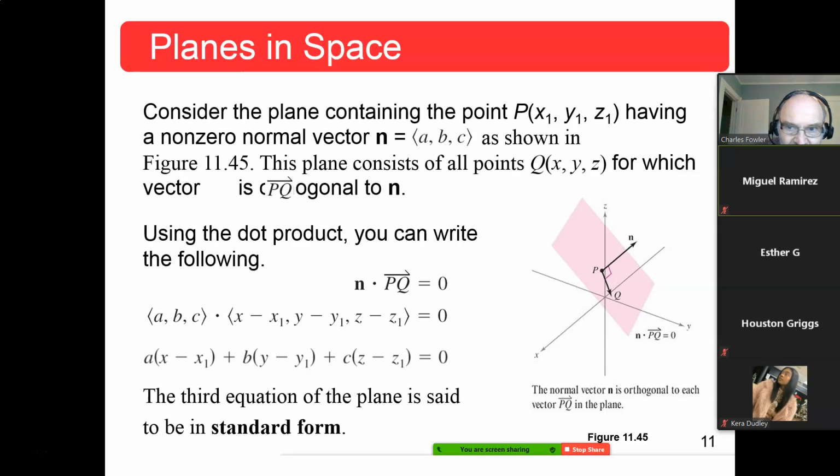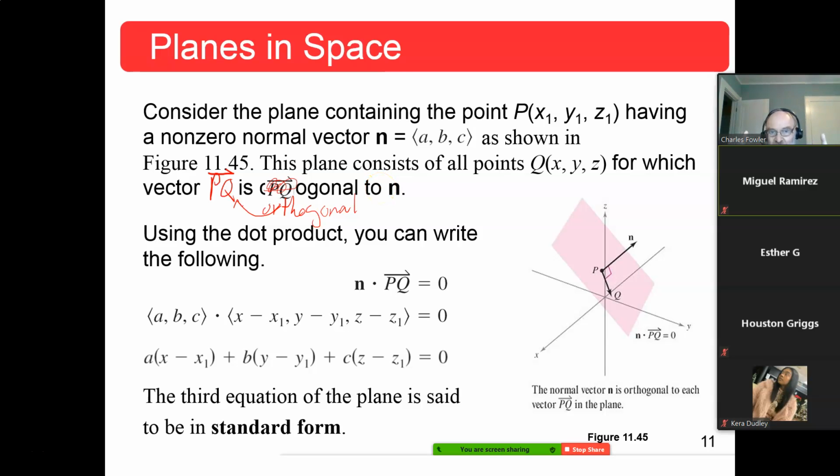For which the vector, and that's supposed to be PQ. So let me fill that in here. The vector PQ is orthogonal to N. So this thing should have been right there, and then instead of this, it should be orthogonal to N.